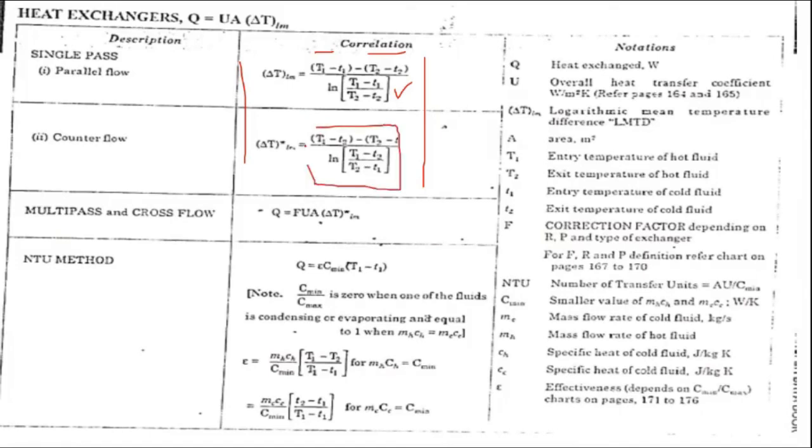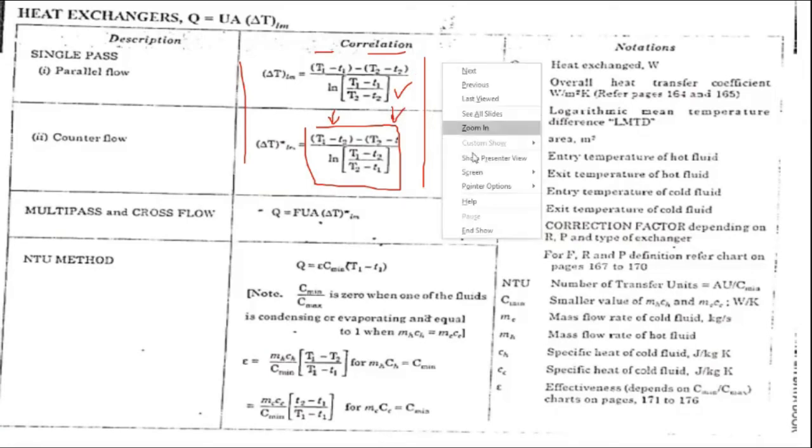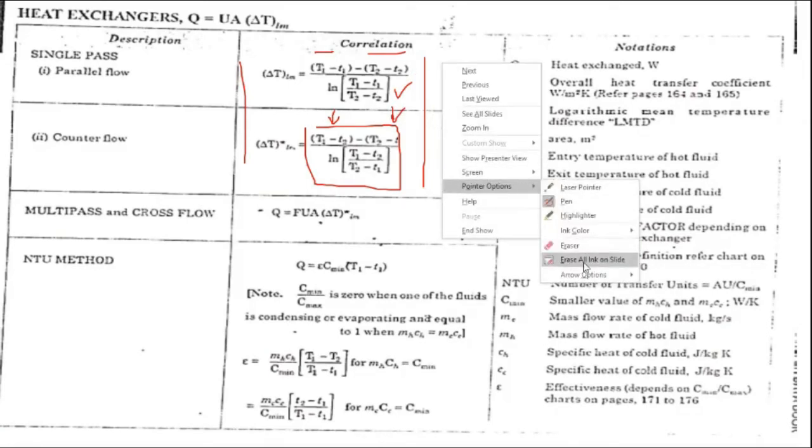Here also we are getting the same relation, theta 1 minus theta 2 by ln theta 1 by theta 2. But theta 1 and theta 2 values for counter flow heat exchangers are different. For our case, we had used TH and TC for the notations of hot fluid and cold fluid. Here they are using capital T and small t for the notations of hot and cold fluid. So these two relations are for LMTD.